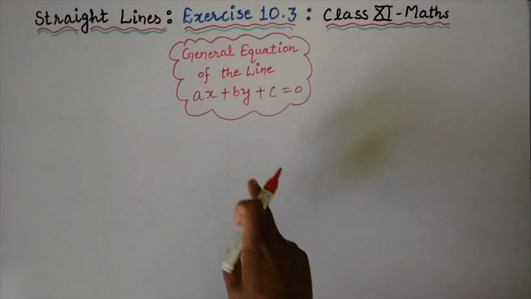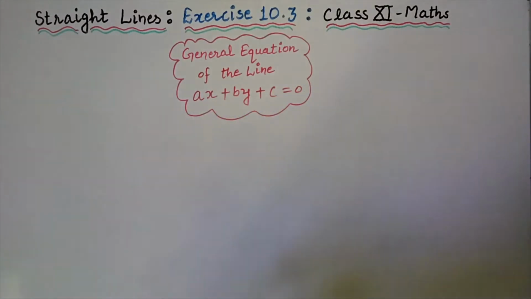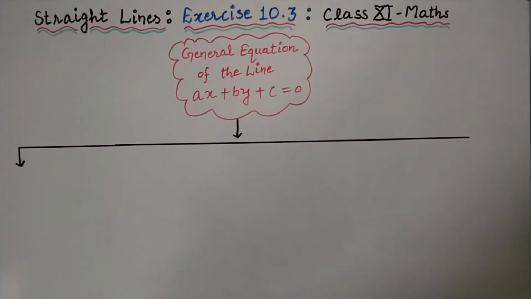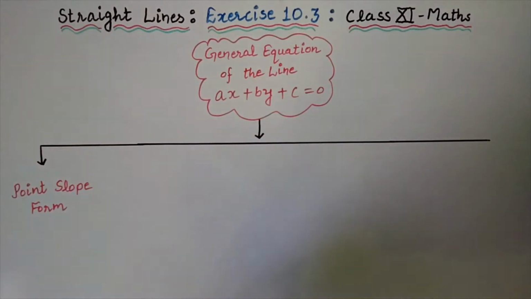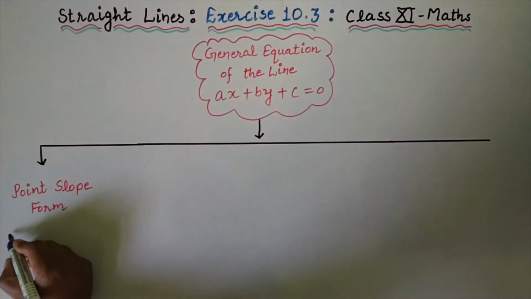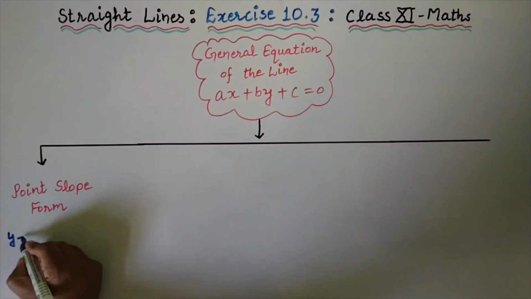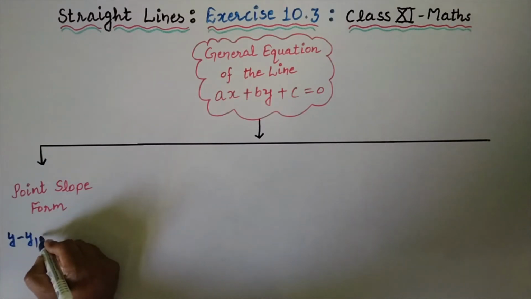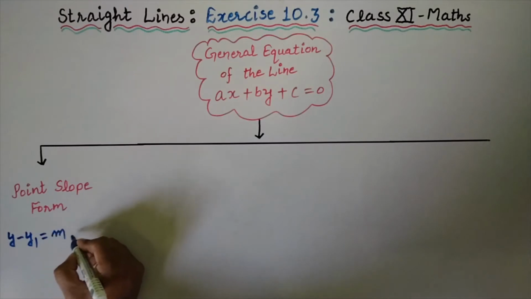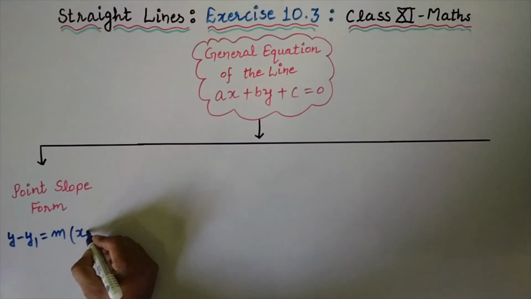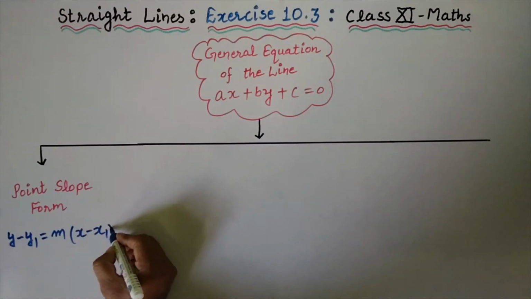In this exercise, we shall also discuss how to reduce this general equation of the line into various forms of the line. In various forms of the lines, the very first form is point slope form, which is written like this: y minus y1 is equal to slope into x minus x1.